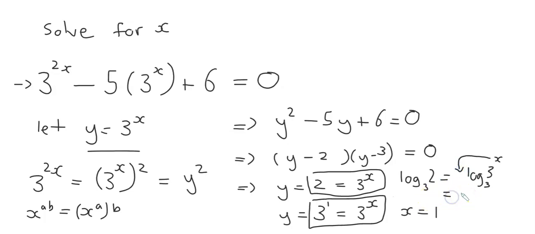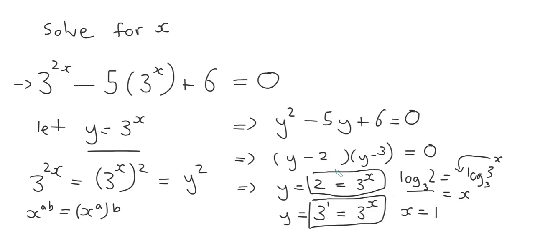So that will become x log 3 to base 3, and log of 3 to base 3 is just 1, so basically we can get rid of this completely, and then we know that x has to equal log of 2 to base 3. You can leave it like that, or if they ask you to give 2 or 3 decimal places in the question, you could just put that into a calculator and evaluate that.